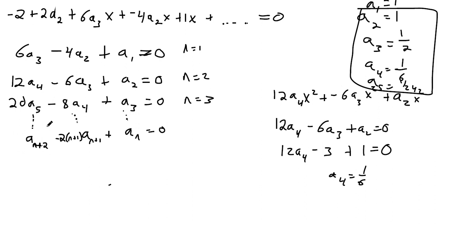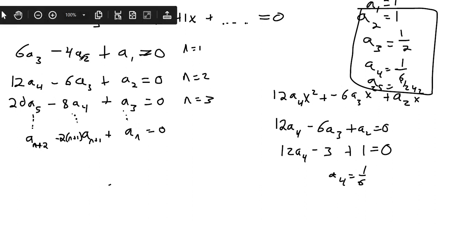6, 12, 20. That one's not as constant. Maybe 2 times 1 would make 2. 3 times 2 would make 6. What if we did n plus 1 times n plus 2?